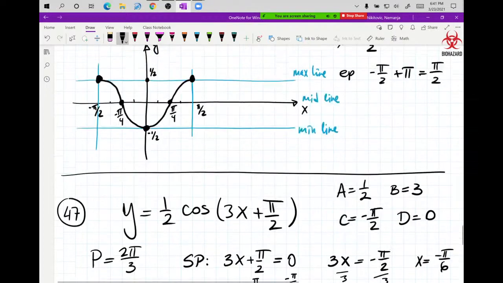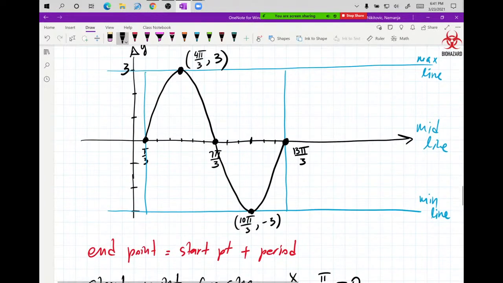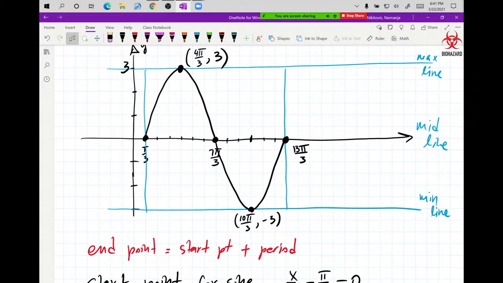So if I go back to my problem that had 13 of them, I wasn't looking at pi over 3. I was looking at 1 pi over 3, and over here I was looking at 13 pi over 3. That's what I was looking at.